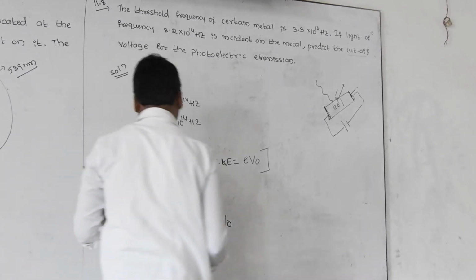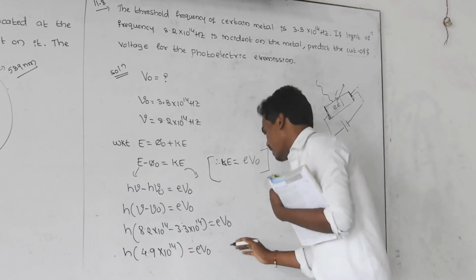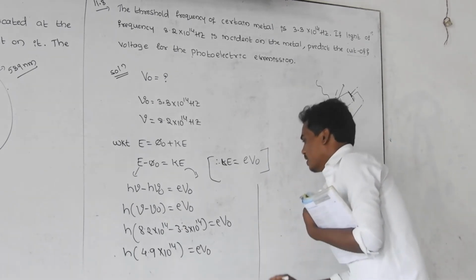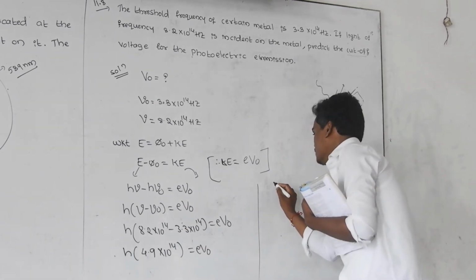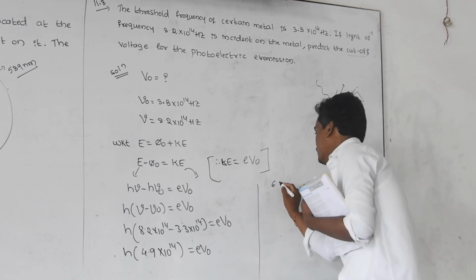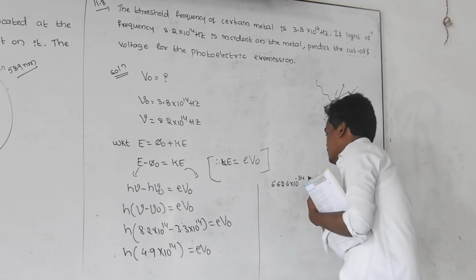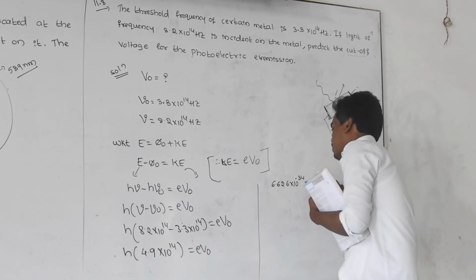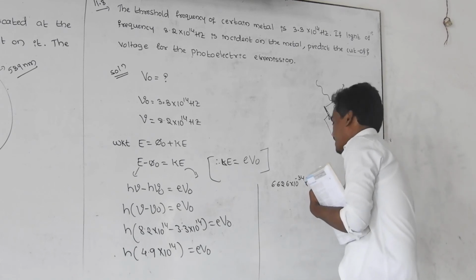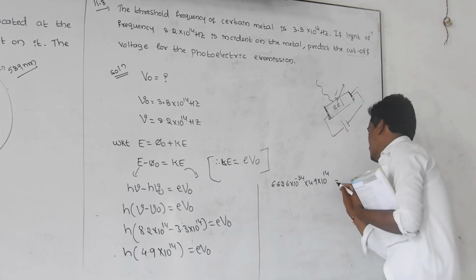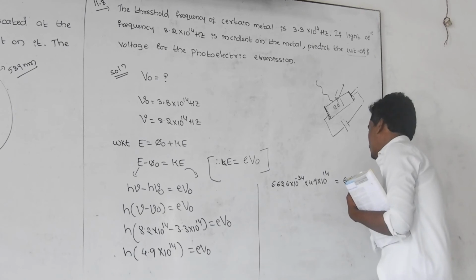And here substitute the values: h as it is, that is 6.626 into 10 to the power of minus 34 joule second, into 4.9 into 10 to the power of 14. This is equal to eV naught.